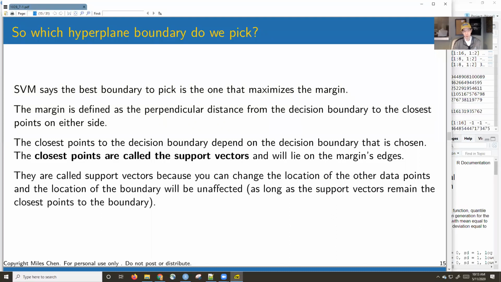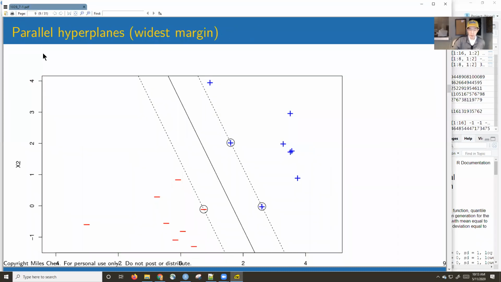So let me go back and illustrate. All right. So these three circled points are the support vectors, and I could technically move any of these blue dots to other locations, or these red dots to other locations, as long as I don't go into the margin. Okay, this will be the boundary.